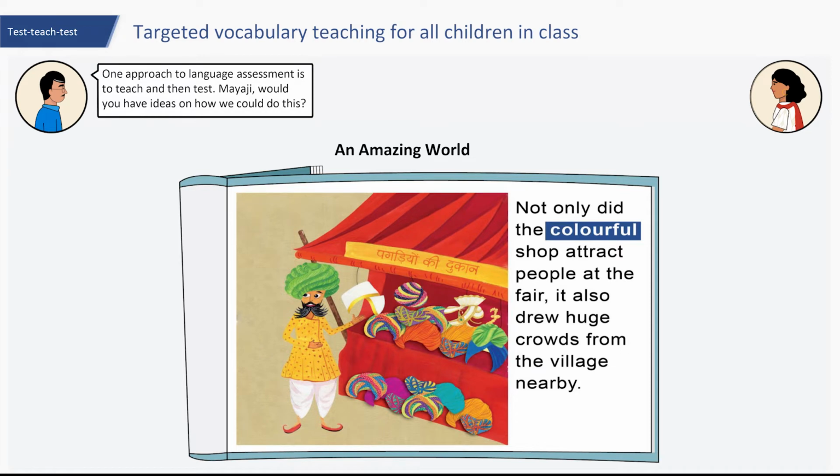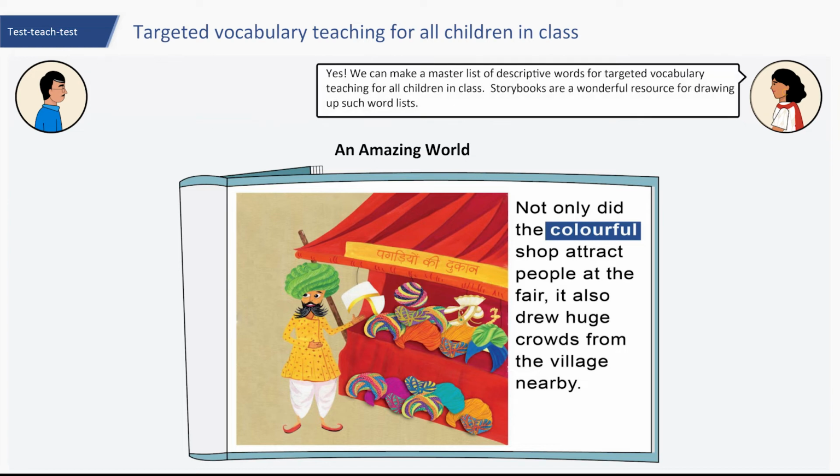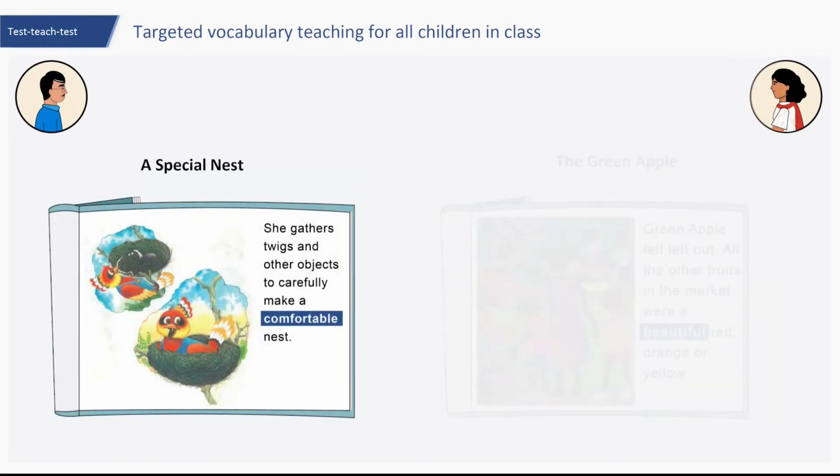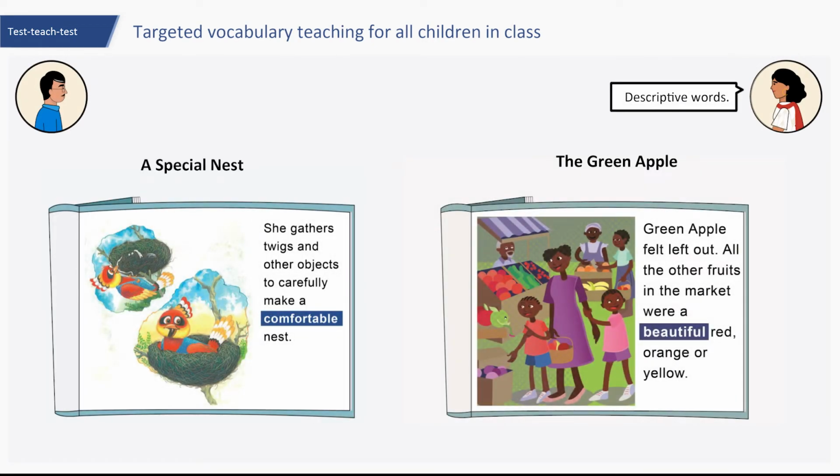One approach to language assessment is to teach and then test. Maya ji, would you have any ideas on how we could do this? We can make a master list of descriptive words for targeted vocabulary teaching for all children in class. Storybooks are a wonderful resource for drawing up such word lists. Descriptive words.